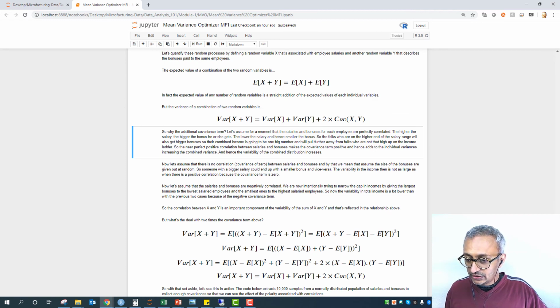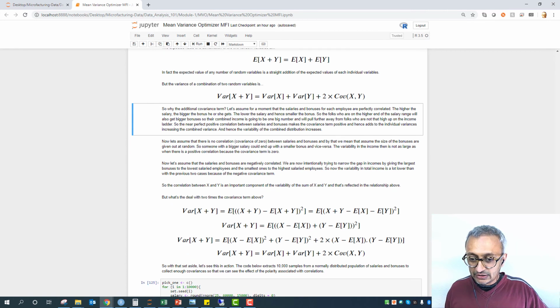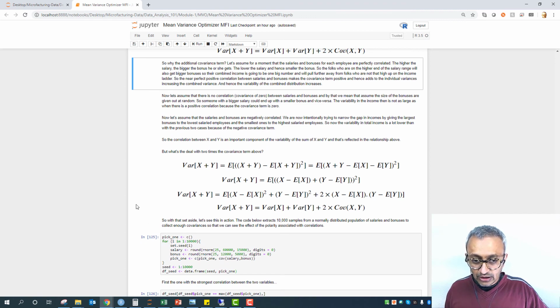That's what we are doing here, and we are expanding that. So now the variance of x plus y becomes this, okay? And you can say x minus E(x), y minus E(y), we can just move around these terms and square, okay?